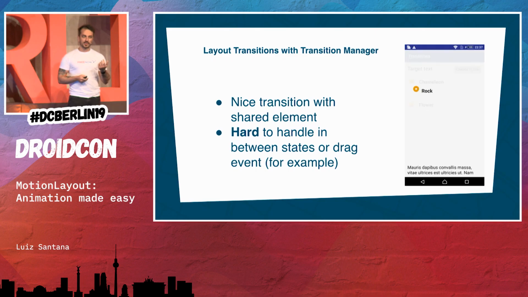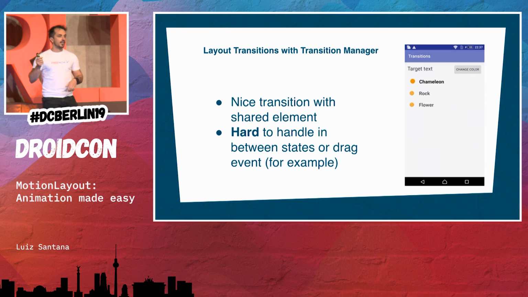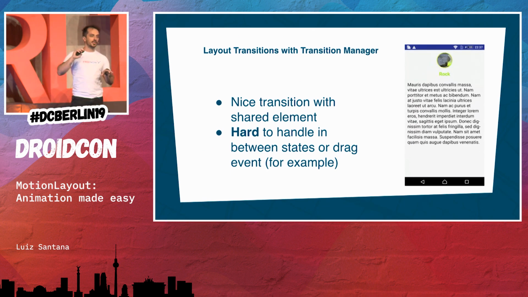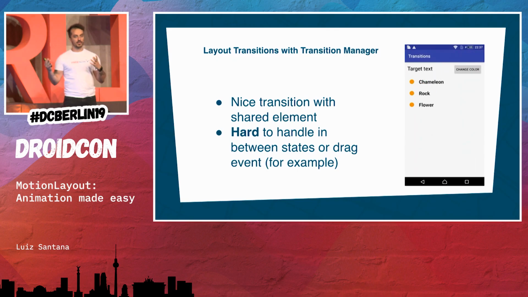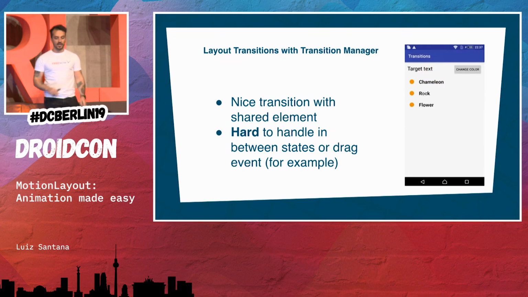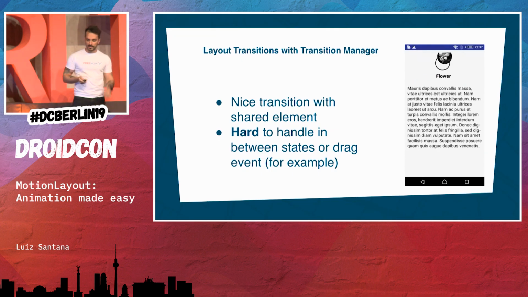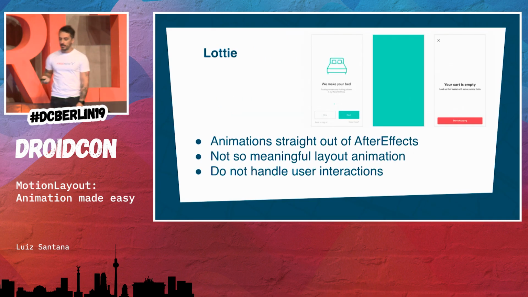But although it's somewhat hard to handle the in-between states, I had plenty of problems with flickering images, especially if you have a thumbnail and then you want to load it bigger later, or images flowing above the action bar. So everything is fixable, but again, it's a whole drill to deal with it.